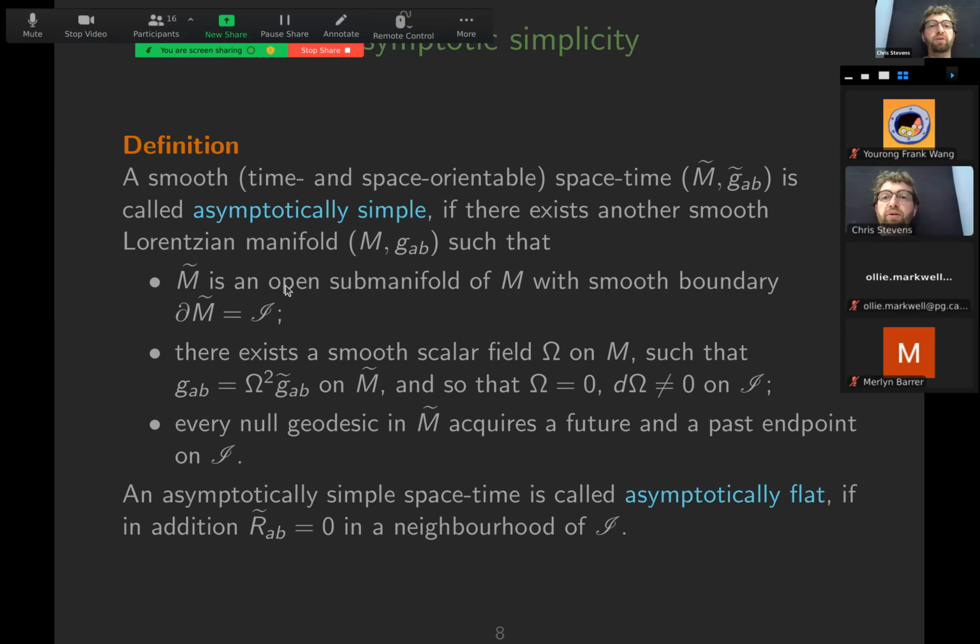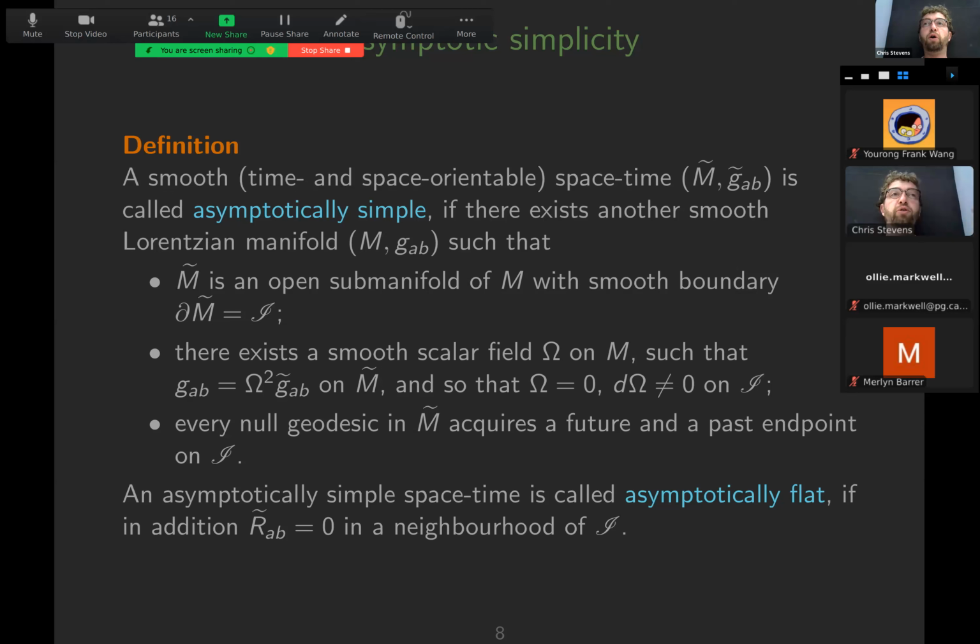It's open. The boundary of this open submanifold we call scri. That would be the spinning top, the boundary of this is the thing that we're interested in. And nicely, if you're looking at the conformal spacetime, the boundary is just another point set. It's nothing to do with infinity with respect to the conformal spacetime.